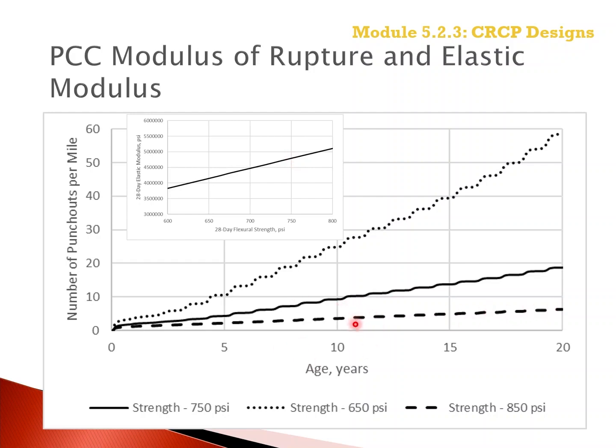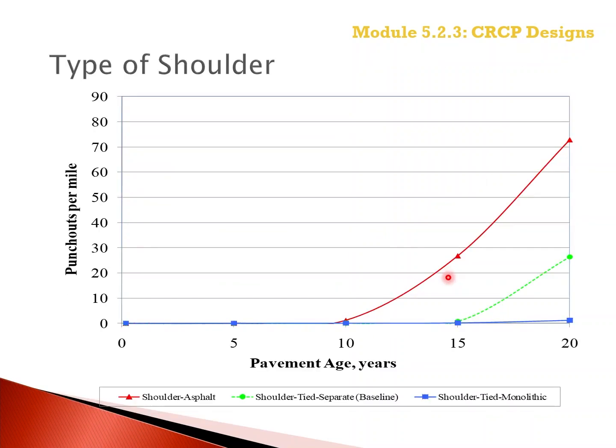The longer dashed line has a concrete strength of 850 psi, and 850 psi would have an elastic modulus of about 5.1, or just lower than 5.5 million psi. So concrete strength and elastic modulus are important. Their combined relationship in the Pavement ME, still the higher the strength of the material, even though the elastic modulus is going to increase, the number of punch-outs generally decreases with an increase in strength.